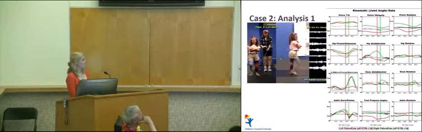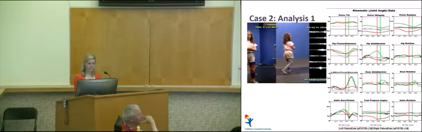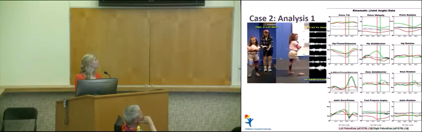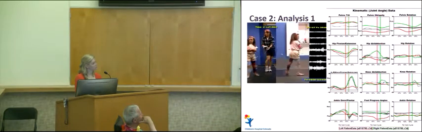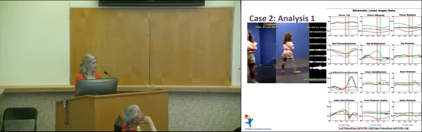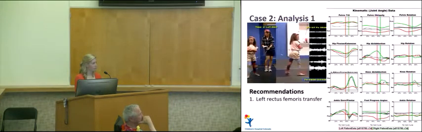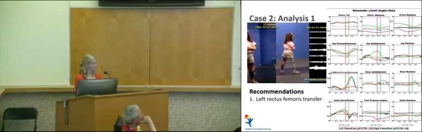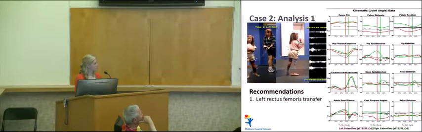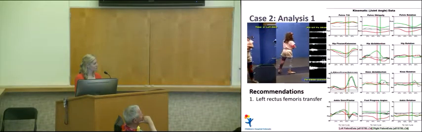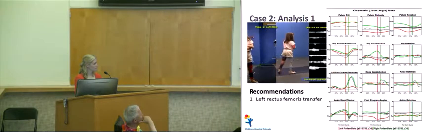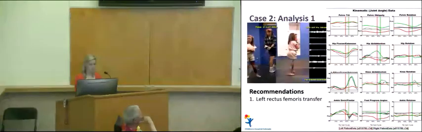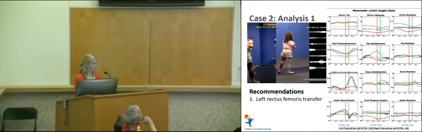She's actually tilting her pelvis a little for clearance. And so we thought that she had a stiff knee gait, which is typically due to an overactive rectus femoris muscle. And here's the circumduction right here, where she's actually swinging her leg out. So I think we recommended a left rectus femoris transfer as the only intervention.